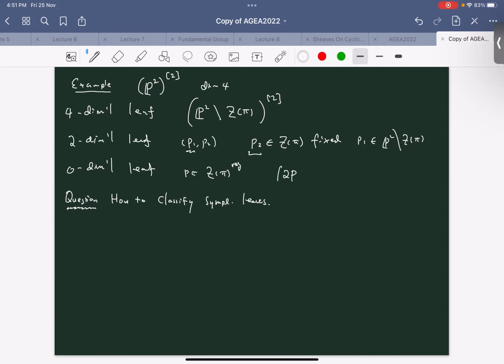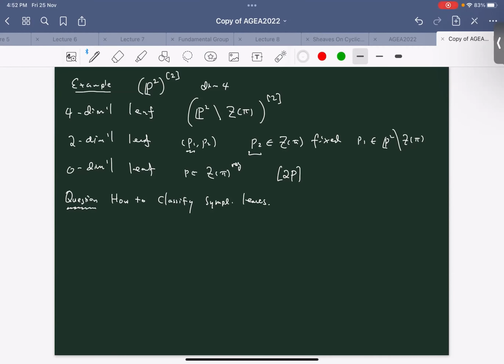This gives me an example of a 0-dimensional leaf. But if you try to classify all leaves, then you see immediately there is a problem: the first one is a unique leaf, but there are many 2-dimensional leaves and there are many 0-dimensional leaves.